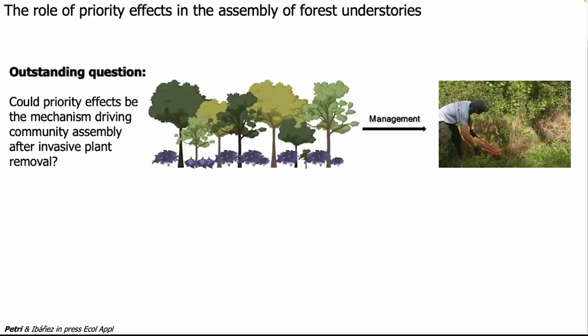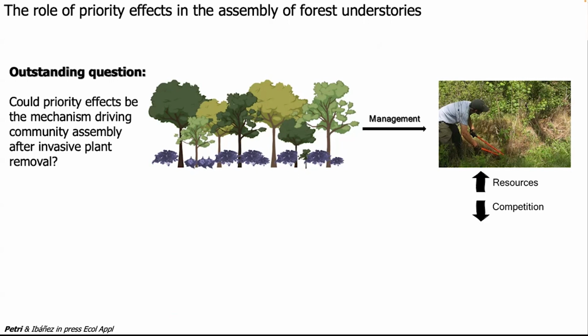So a usual approach in forest understories is just to go there and remove the invasive species. We remove the invasive species and see what is going to come in and populate that area that we just managed. But broadly, what happens when we do that is an increase of resources, because there are not a lot of species really using the resources available in that ecosystem and that particular community.